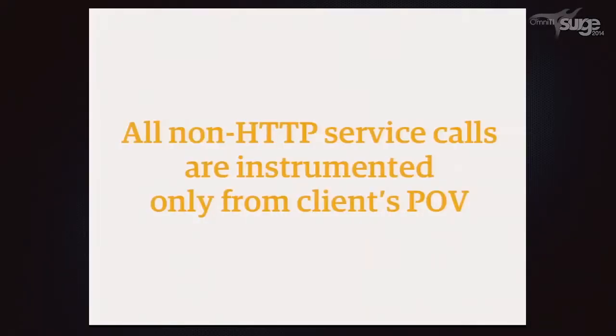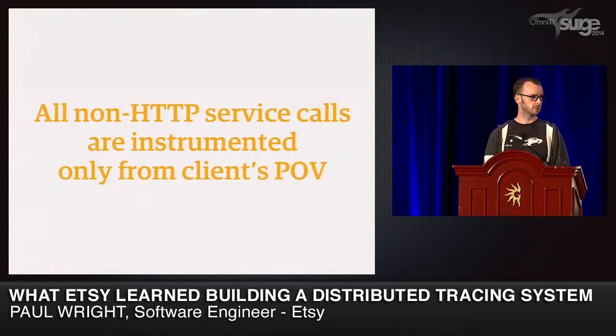Anything that's not HTTP in this world at the moment is instrumented purely from the client's point of view. So with a HTTP call, we have the client, which is curl, and we're running curl to make this request. And on the server, we're going to receive a request and do it. So from that point of view, we actually can get both sides of the request-response cycle.